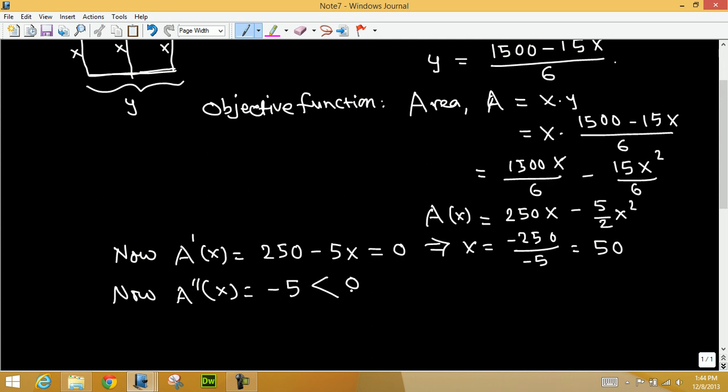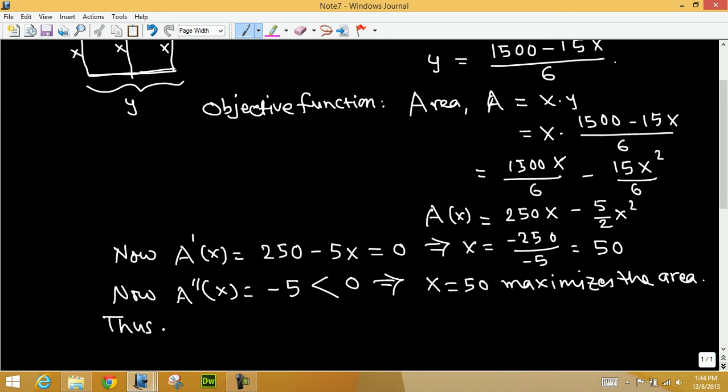So the second derivative is always negative. That means the critical number will produce a maximum value. Okay, this implies x equals 50 maximizes the function, which is area in this case.